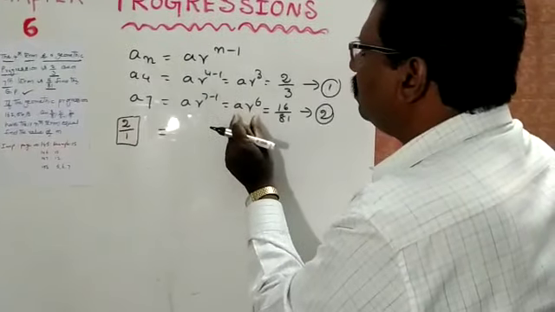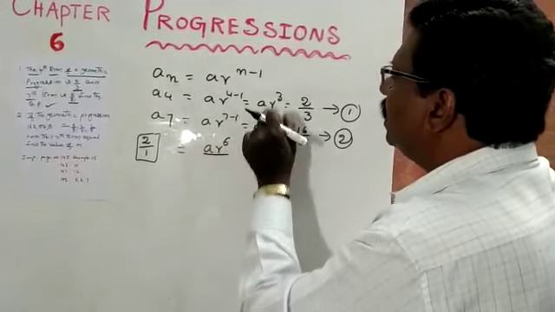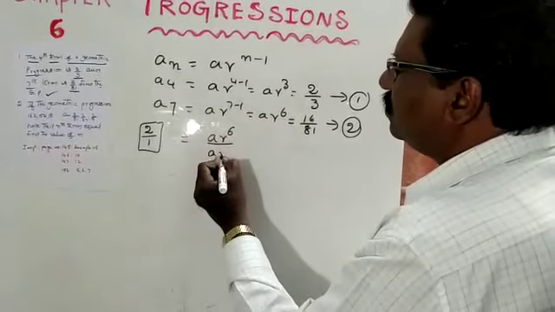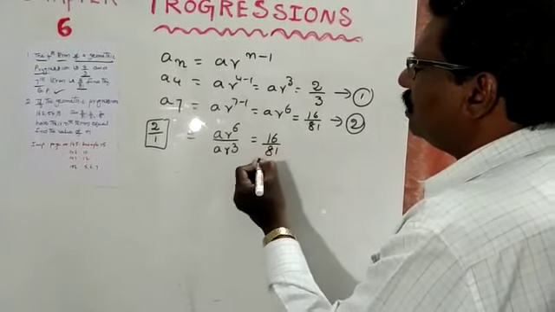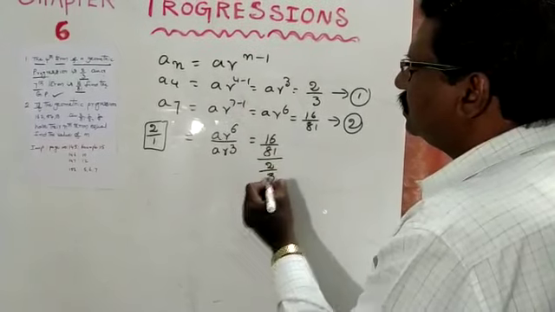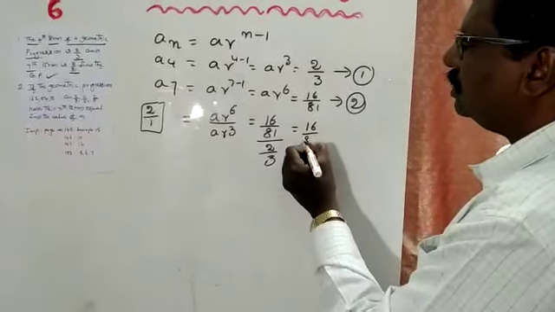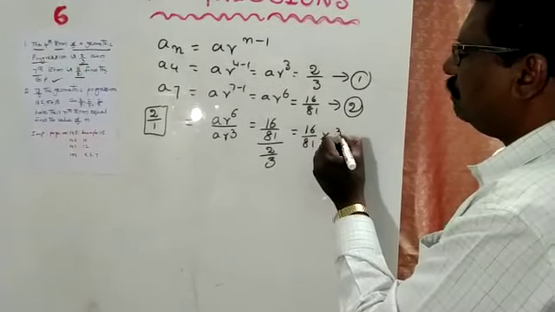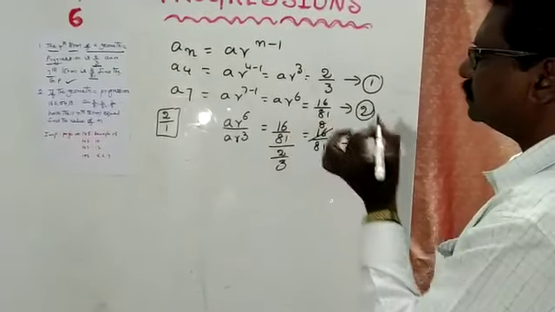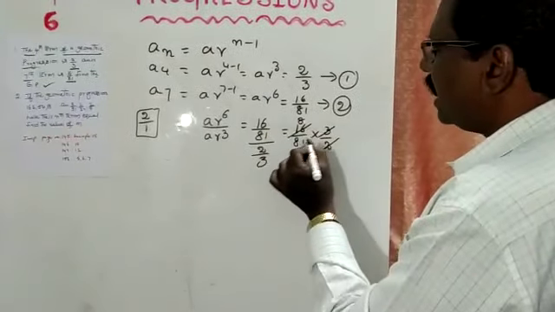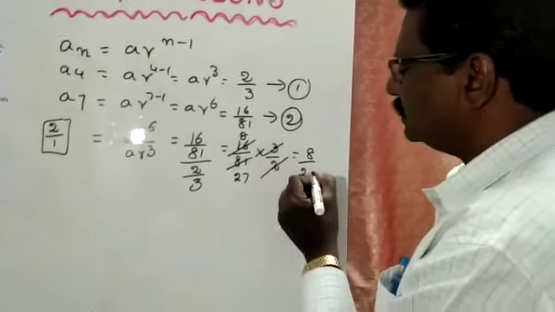On the left side, A into R power 6 by A into R to the power of 3, that is equal to 16 by 81 by 2 by 3, so 16 by 81 into 3 by 2. 2 will be cancelled 8 times and 3 will be cancelled 27 times. That is equal to 8 by 27.